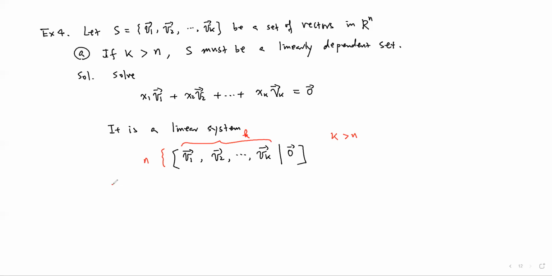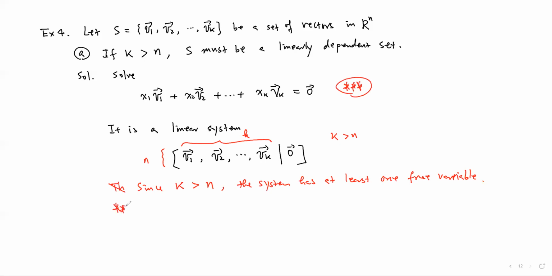This system assumes k, the number of unknowns, is greater than the number of equations. The system has at least one free variable. Therefore, this equation has infinitely many solutions. This is the triple star.